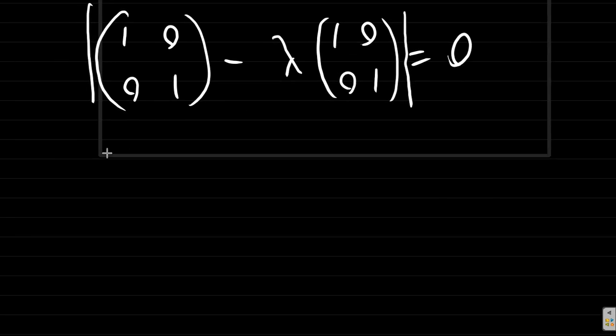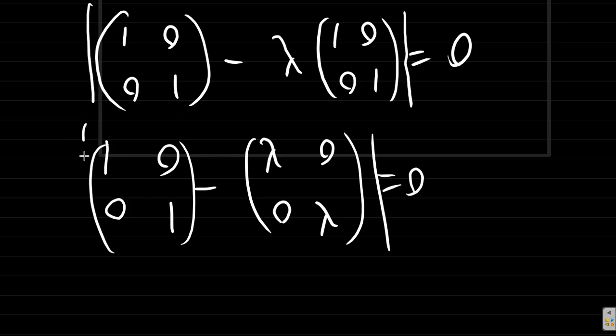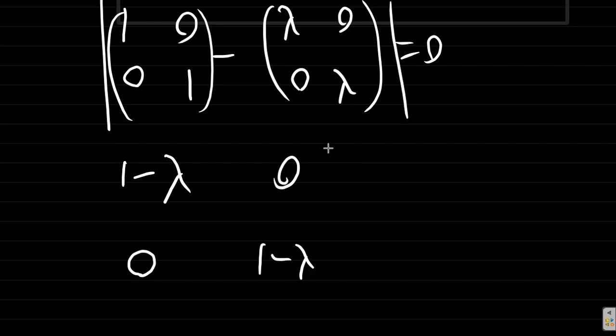So what's this matrix going to be? Well, you have [1 0; 0 1] minus lambda 0, 0, lambda, when you multiply lambda. So what you have here is 1 minus lambda, 0 minus 0 is 0, 0 minus 0 is 0, 1 minus lambda. Determinant of that is equal to 0.